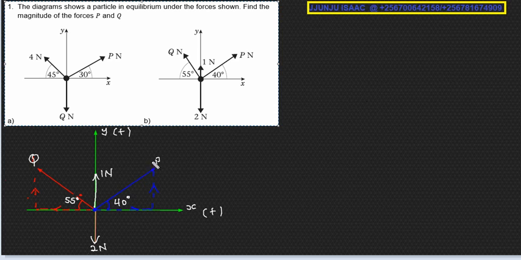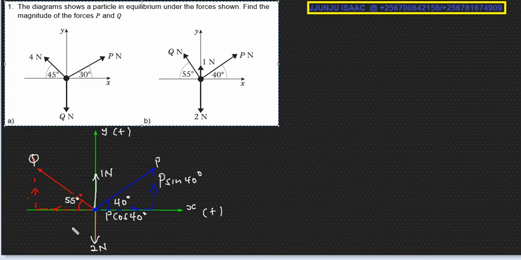Now when we resolve P, we move to the right, which is positive, and up. The side which is opposite is the sine, so this is going to be P sine 40 degrees. The one which goes to the right is also positive, and it is adjacent to the angle, so it will be P cos 40 degrees. Now Q can be resolved. We move to the left, which is going to be negative, up positive.